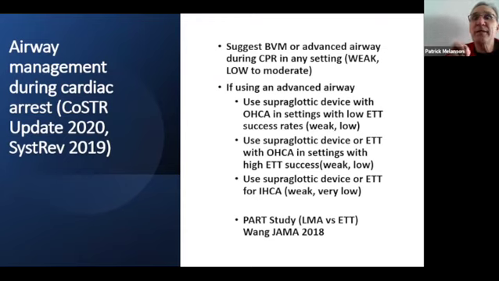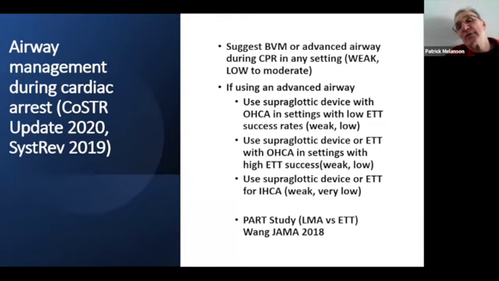They're suggesting that during CPR, you can either use a bag valve mask or an advanced airway in any setting, both hospital or pre-hospital. Again, weak recommendation, low to moderate certainty of evidence for it.